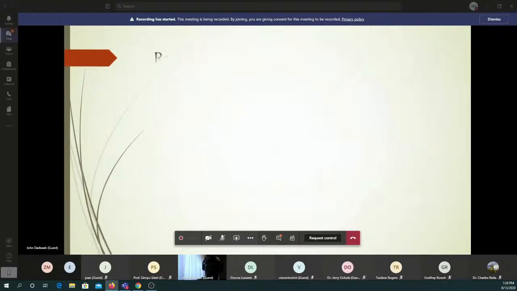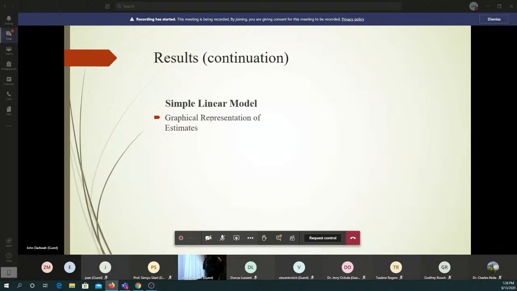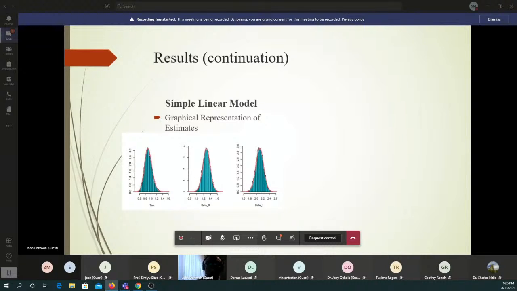Now, I tried to superimpose the estimates of INLA on the MCMC, and for the simple linear model, this is what we have.